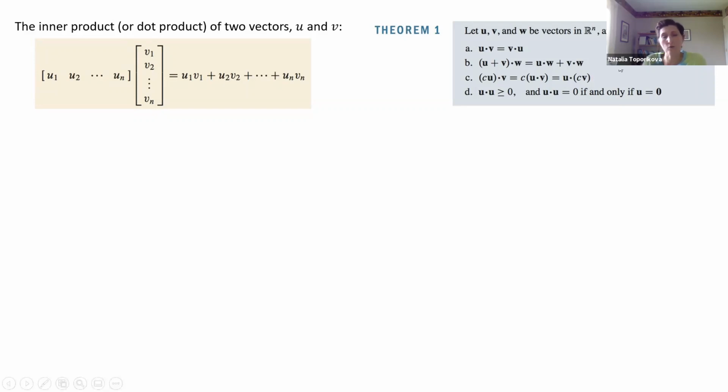That's a very important thing to remember about dot products: the result is just a number. If we take the dot product of vector u with itself, this dot product is always going to be positive or equal to 0. And it is 0 only if our vector u is equal to 0.